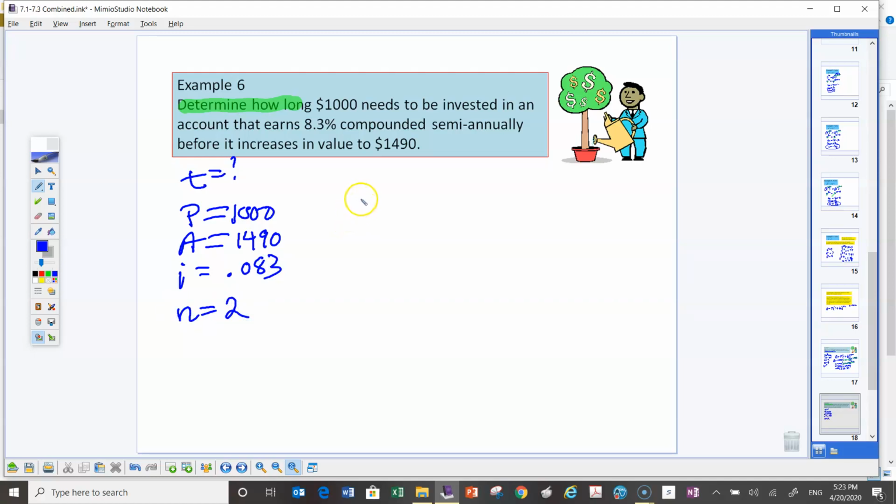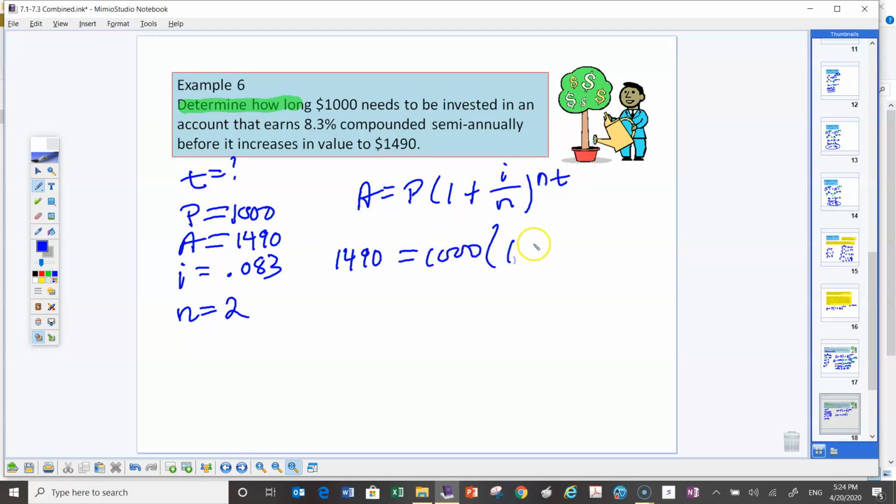So if we go to our formula, A equals P(1 plus i over n) to the nt, I'll plug in my values. 1,490 is my final amount. 1,000 was my principal amount. 0.083, the number of compounds is 2, all over 2, to the 2t. Now, when we're solving for t, again, we're going to have to approximate using our calculator, and in Chapter 8, we'll use another technique.